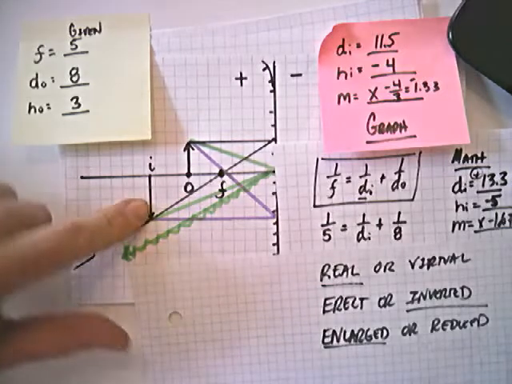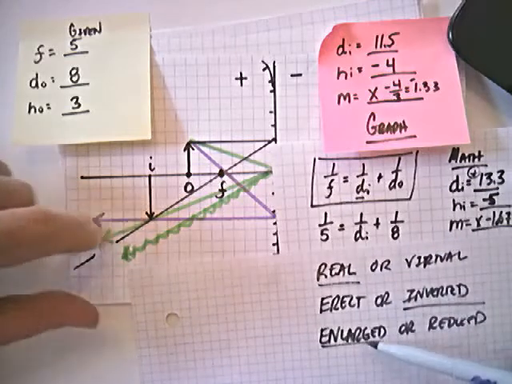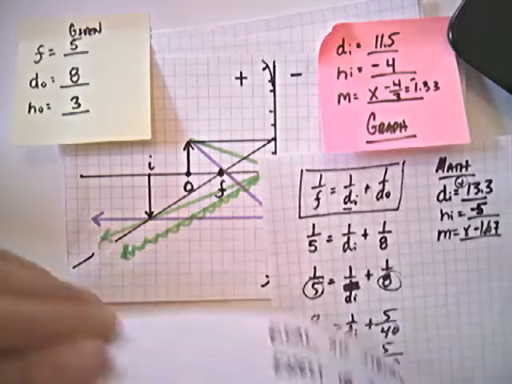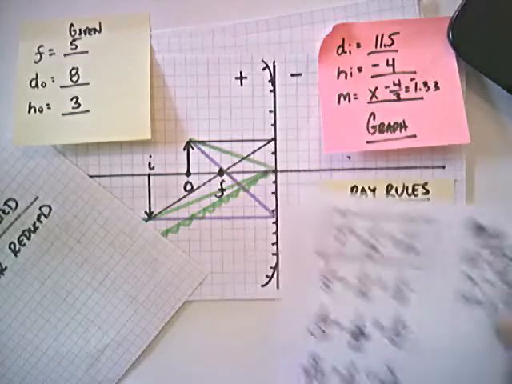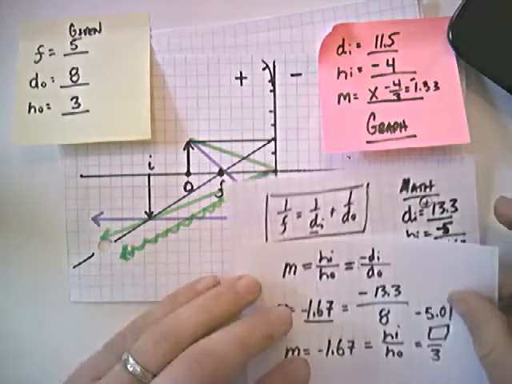So this particular image that we formed, we would say is real, inverted, and enlarged. And we used a number of formulas to get there. One formula we used was the lens maker's equation. Another formula we used was our magnification equation, which is this one right here.